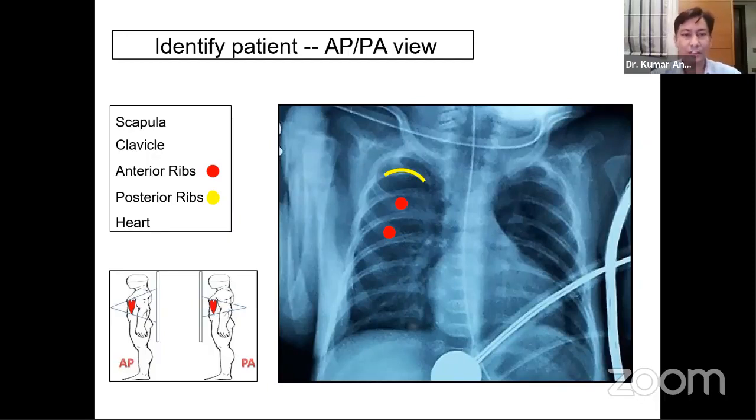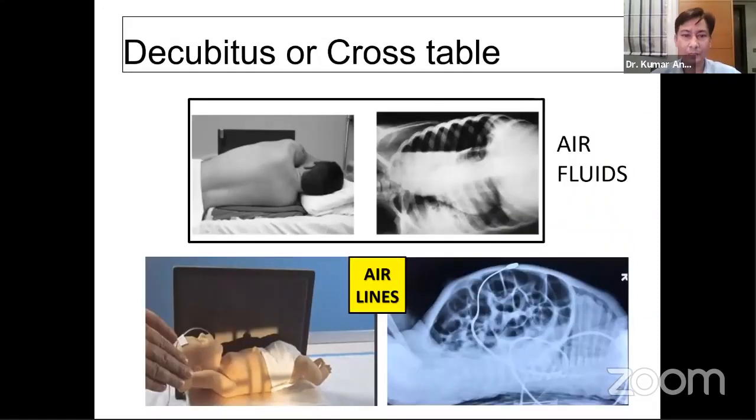Once you identify your patient, we should then approach the basics of the X-ray. Apart from the AP view, quite often we also do either a lateral decubitus view or sometimes a cross-table view. Lateral decubitus view is a view like a PA view. In this picture, the patient is in a lateral position, the X-ray plate is in front of the patient, and the X-ray beam passes from the back of the patient.